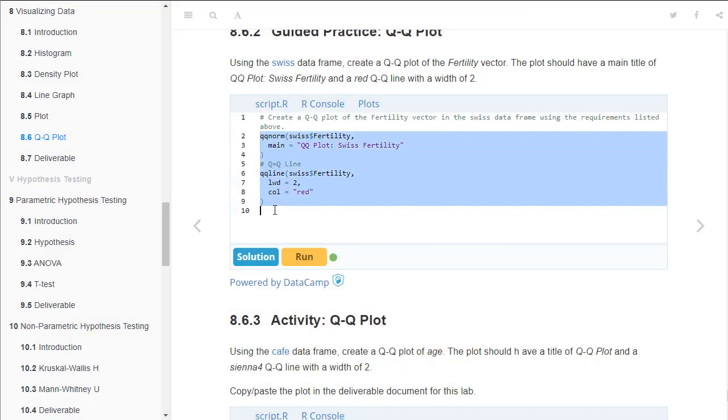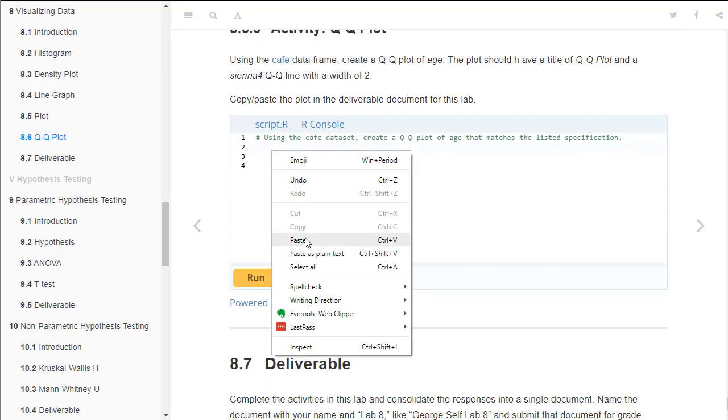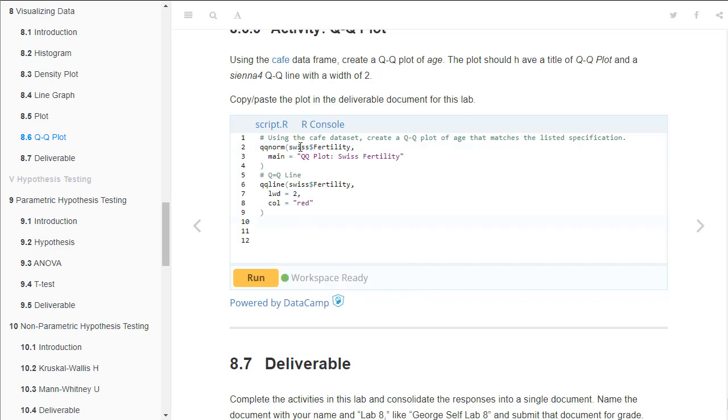So let me copy this, and now the deliverable for this particular section is a cafe data frame and age.